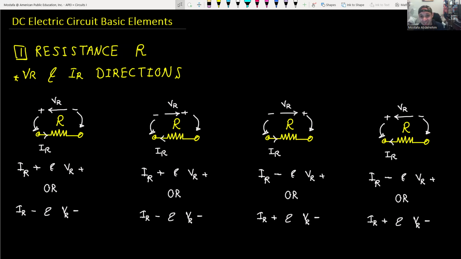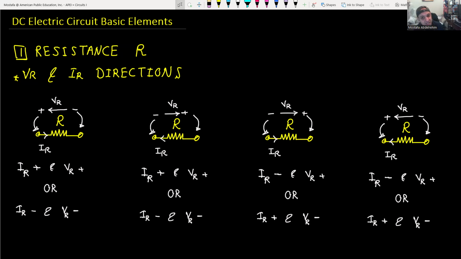Basically, they are called dependent current source and dependent voltage source. That's in the next video. This video is going to have a resistance, the independent voltage source, which is usually just called voltage source, and the independent current source, which again is usually called just current source. Okay? So let's start with the resistance.